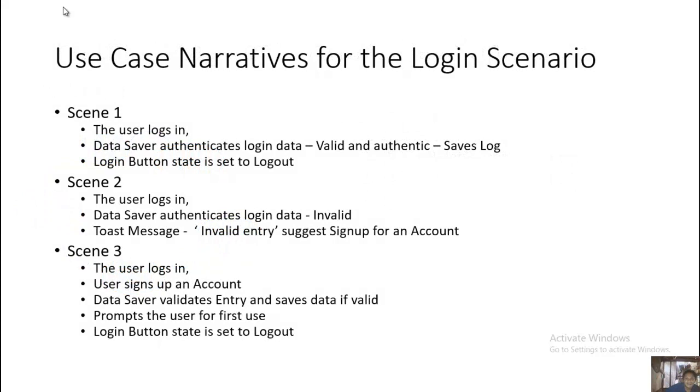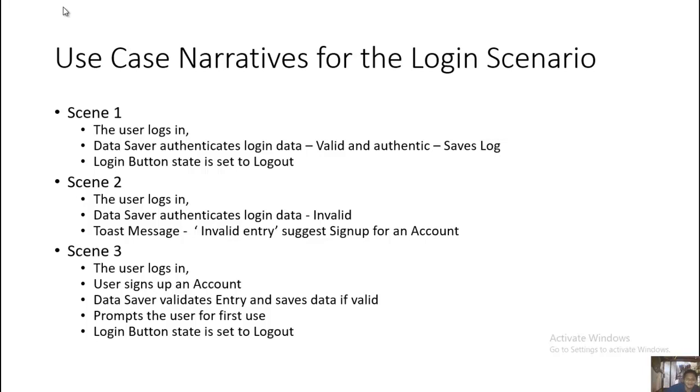Now, for the use case narrative. Scene 1: the user logs in, the data saver authenticates login data. If it is valid and authentic, it saves the log, and then the login button state is set to log out. Scene 2: the user logs in, the data saver authenticates login data.